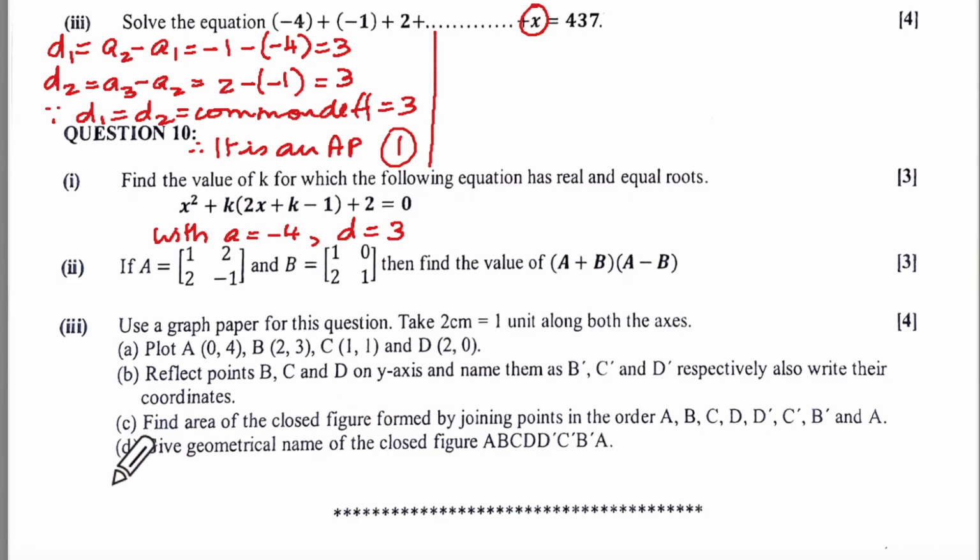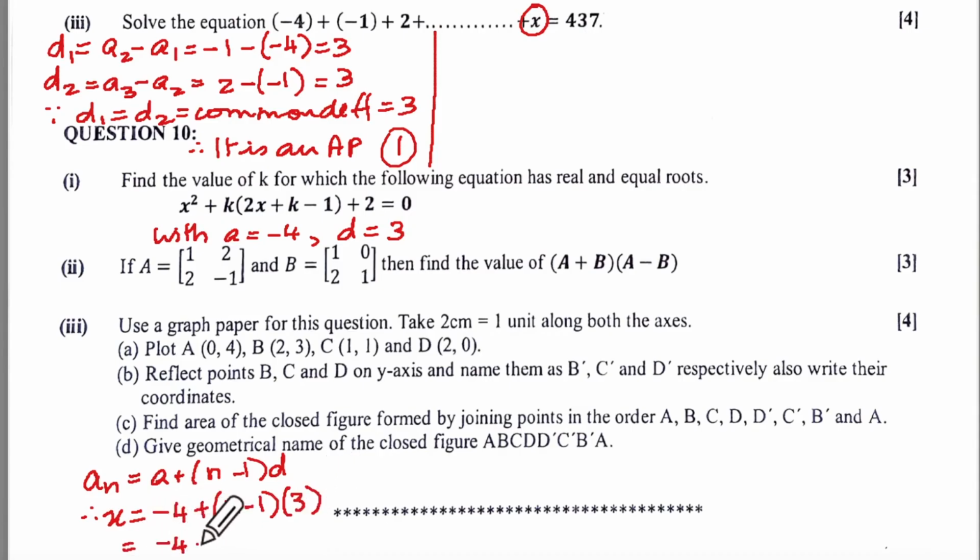Then the nth term, that is an, is A plus N minus 1 into D. Therefore, the nth term is x. A means minus 4 plus n minus 1 into D, how much does that give us? Minus 4 plus 3n minus 3, which means I'm getting 3n minus 7. Are you with me? Yes, ma'am.